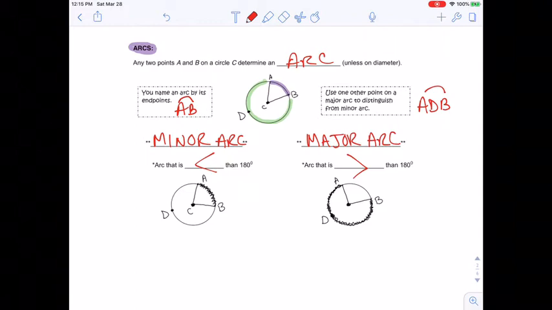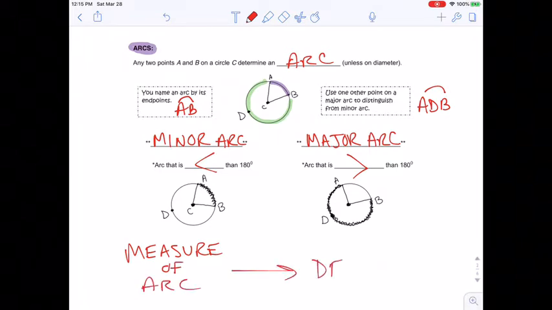Using 30 degrees or 60 degrees or 90 degrees is a very easy way for us to describe how large an arc is without actually getting into the minutia of length. So, determining the measure of an arc, we are going to use degrees.